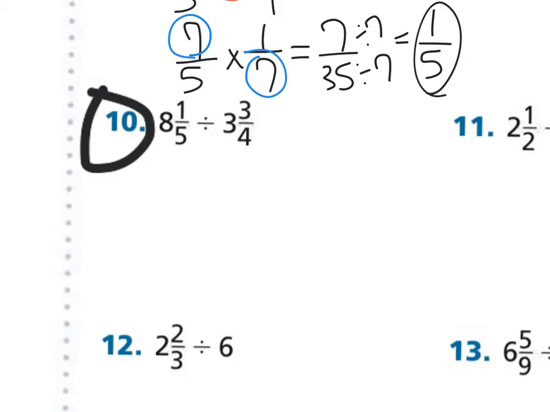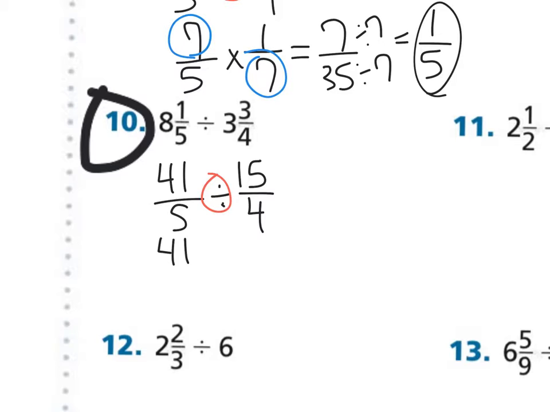So this problem, we're going to get improper fractions first. So this would be 41/5. 3 times 4 is 12, plus 3 is 15/4. This is still a division problem. So change this to multiplication. 41/5 times 4/15.